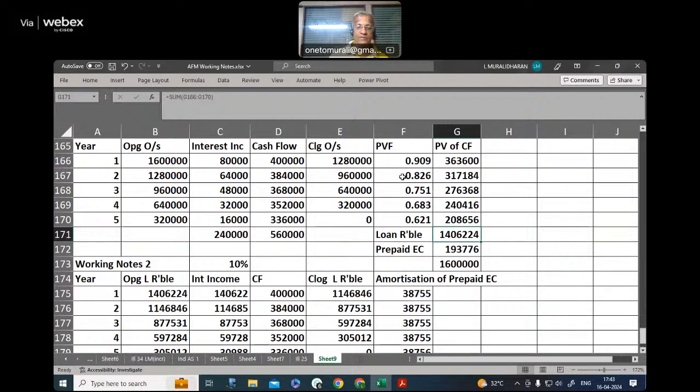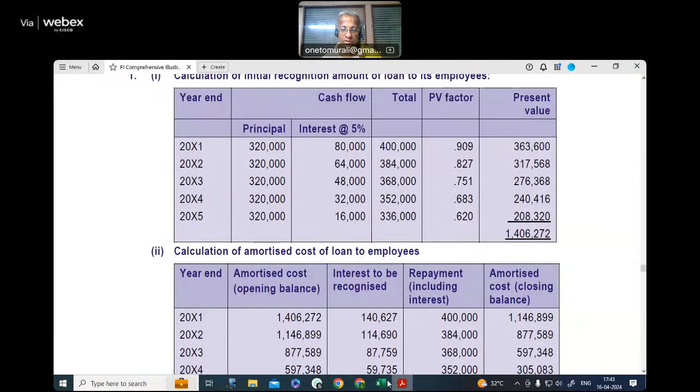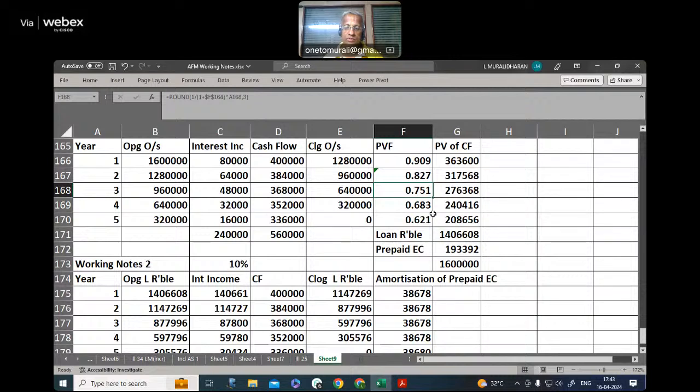Okay, so here they are making it out as 751,683,620.